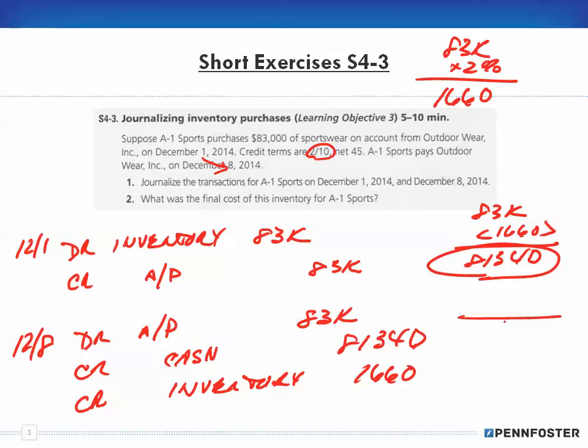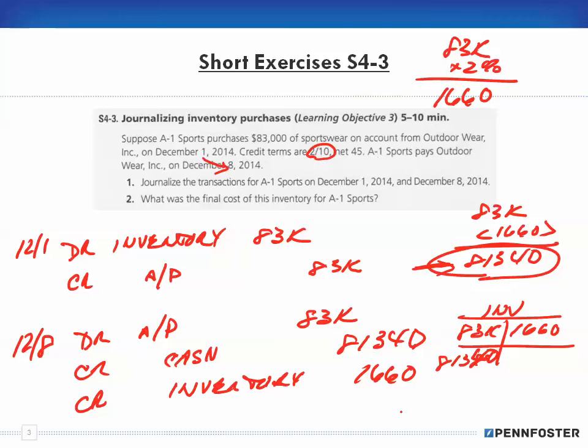On a T account, if this was my inventory account, I would have had a debit of $83,000. I'm paying for inventory the total amount of 81,340, so I have to credit 1,660, which gives me that net effect of 81,340, right?